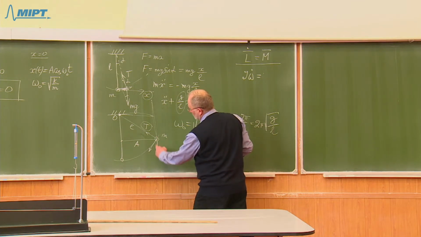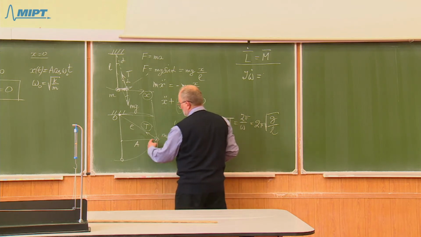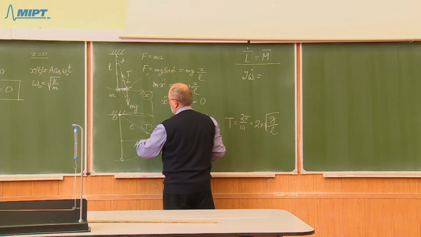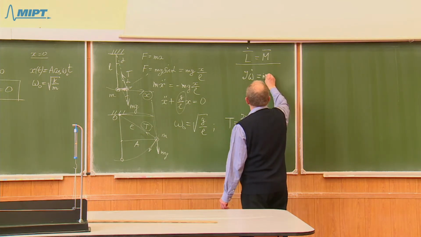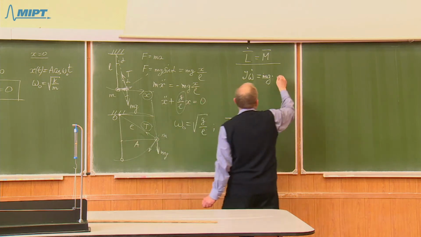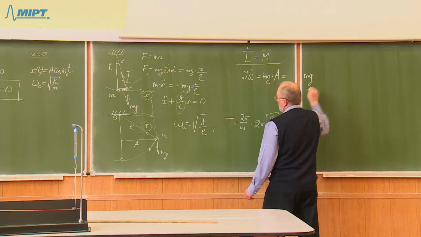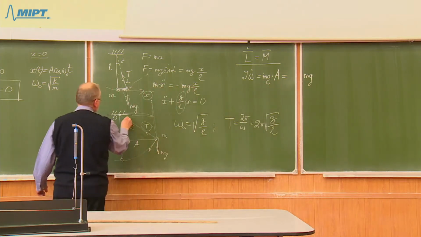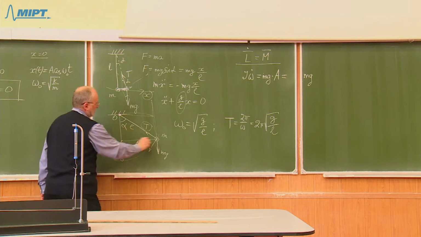I have to take into account only the force of gravity, because this is the only force which will have a torque about axis O. So the force of gravity, mg, must be multiplied by its arm, which can be calculated, if this is angle alpha, as L sine alpha.